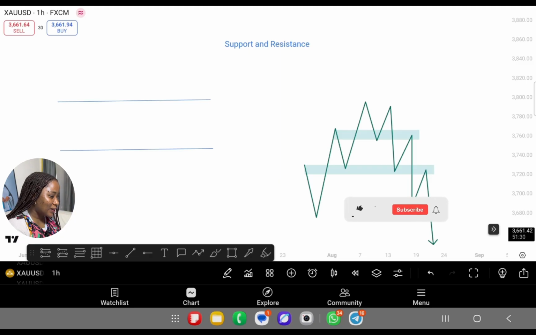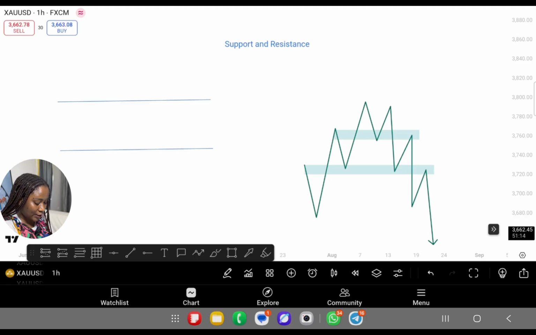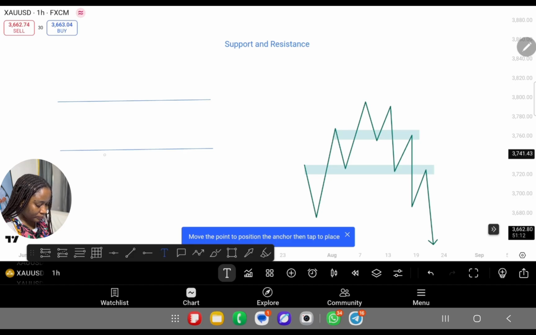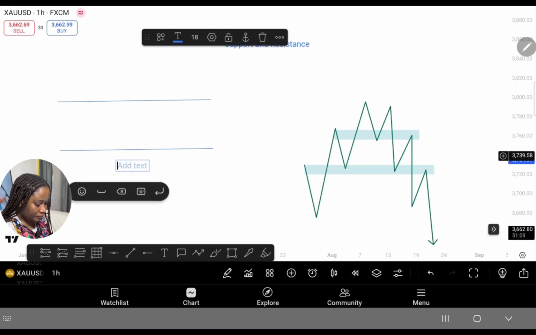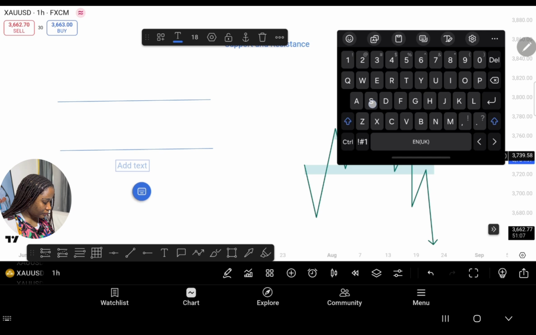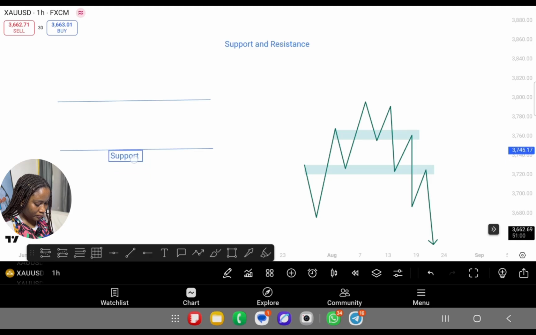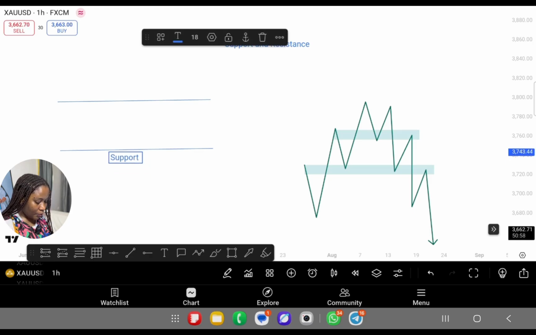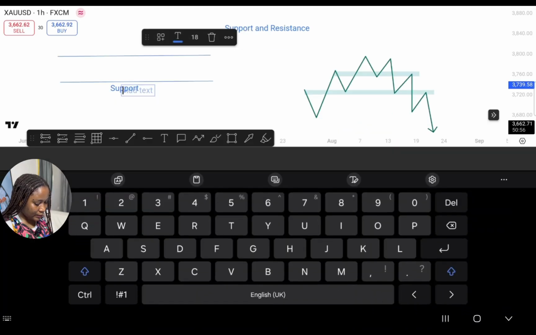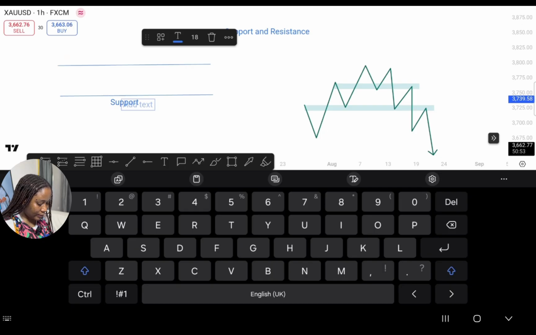Alright, let's dive straight in. What exactly are support and resistance? Think of them as invisible barriers on your price chart. Support is the floor, while resistance is the ceiling.